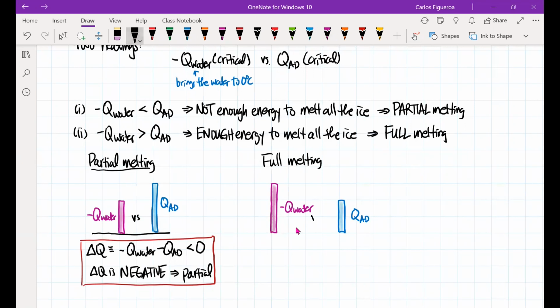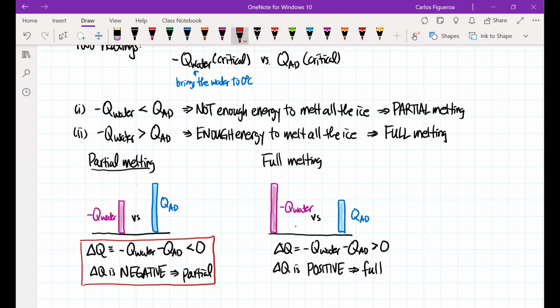So when I compare these two, what you're seeing here is that this delta Q, which is again Q water, remember that's a positive number, minus QAD, this quantity is now positive. So delta Q is positive. That indicates that you have full melting. So we have to numerically calculate this to actually see that.